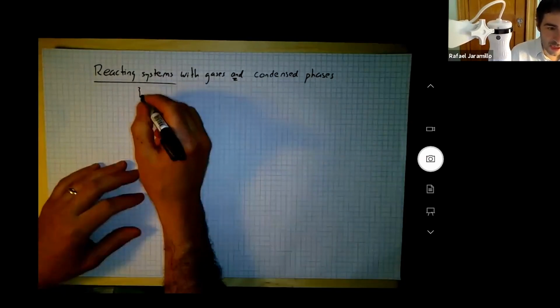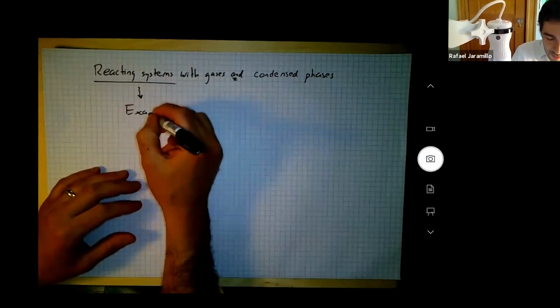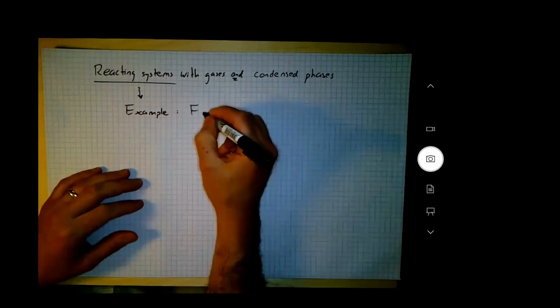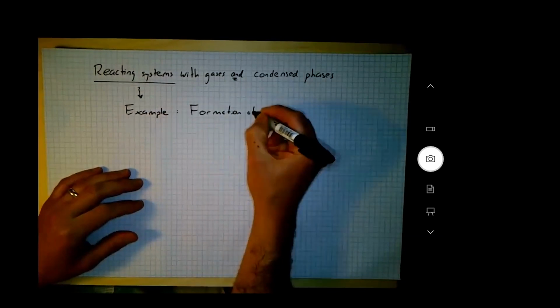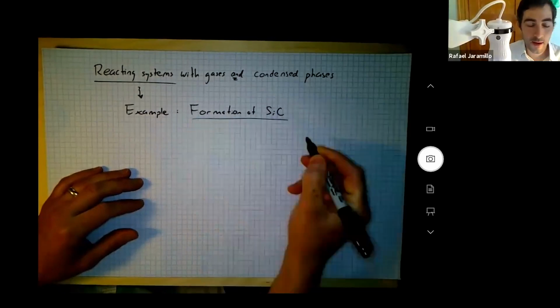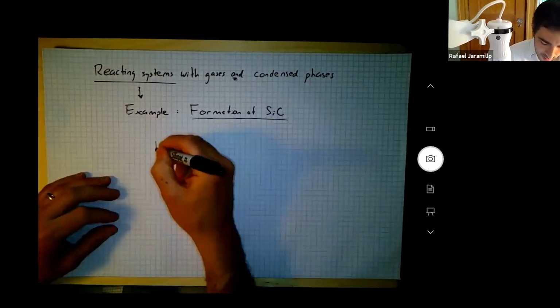I shouldn't say generalize, because we're going to work a specific example. We're going to move away from oxides and do an example problem, which I really think ties together a lot of concepts. And it's a silicon carbide problem. Everything we're going to do today is not necessarily particular to silicon carbide.